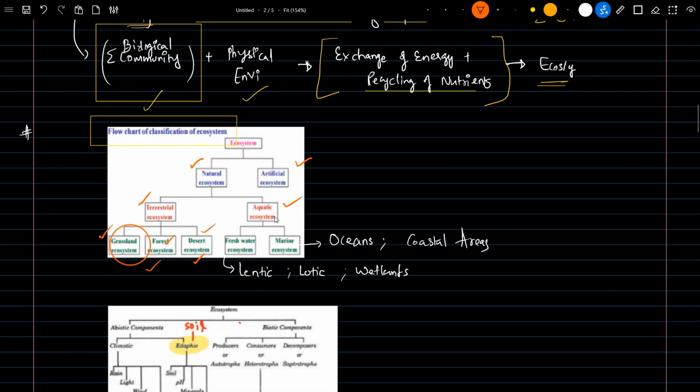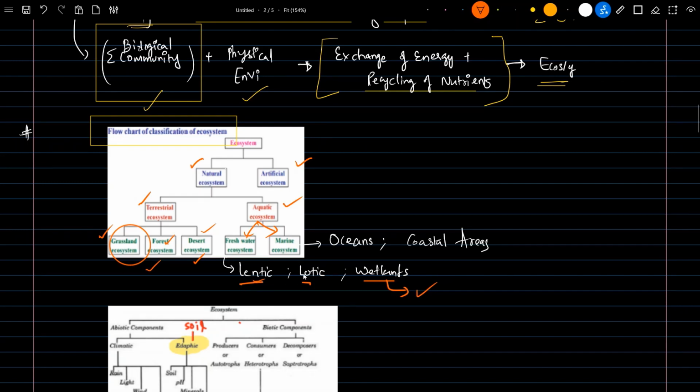Next, coming to aquatic ecosystem, there will be a freshwater ecosystem and a marine water ecosystem. Freshwater ecosystem mainly consists of lentic, lotic, and wetlands. For wetlands, there will be a particular list which will be classified as wetland based upon specific criteria, which we'll be discussing later.